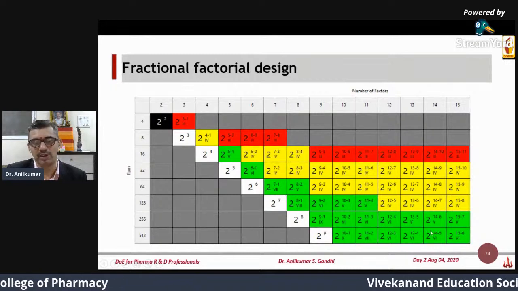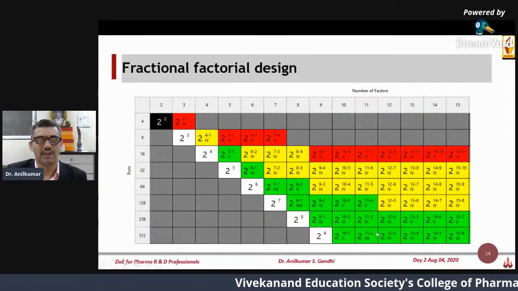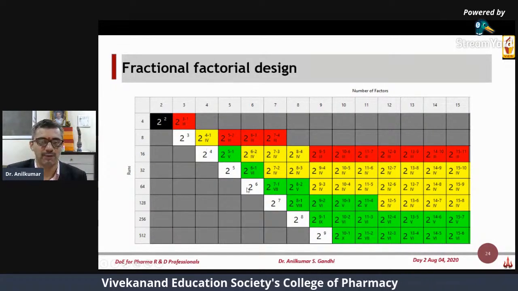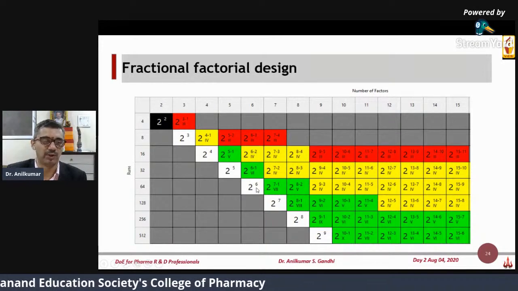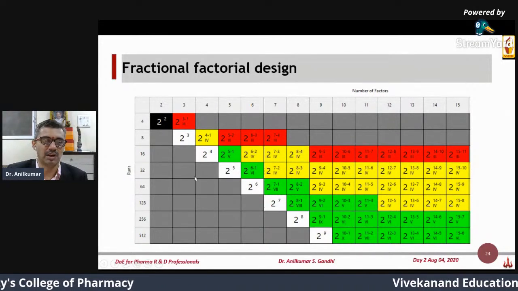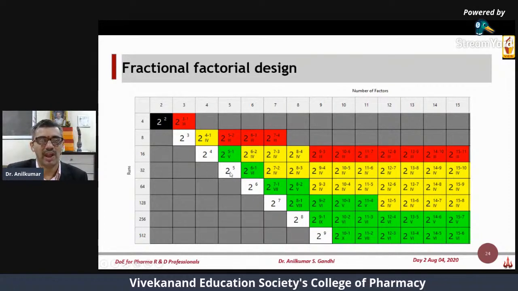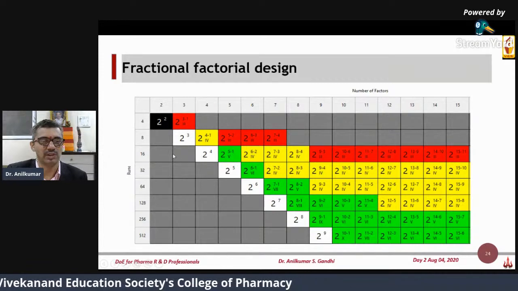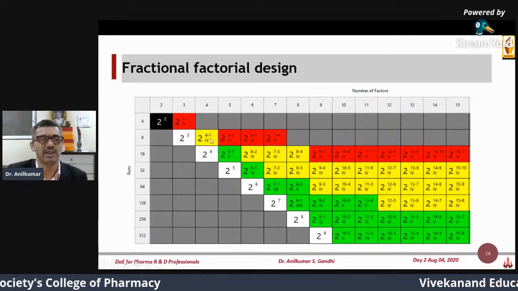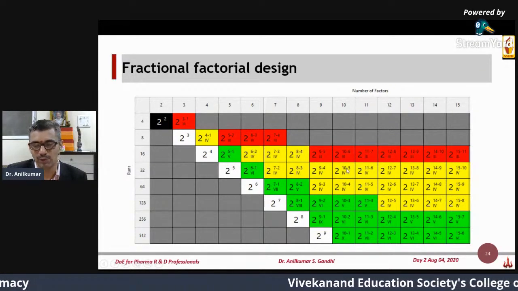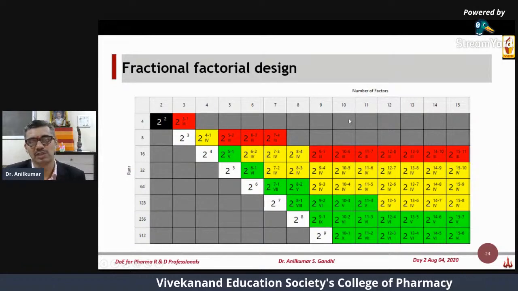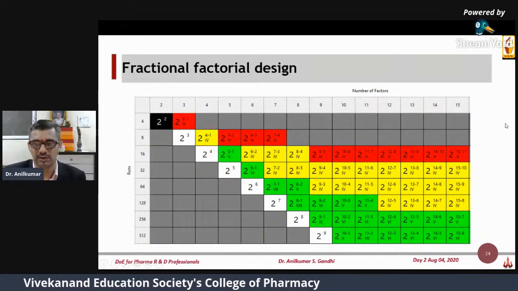So they would recommend doing these designs. And finally, in white, what you see is the full factorial. If you take 5 factors, full factorial runs are 32. If you go 5 minus 1, it will be 16. If you go 5 minus 2, it will be 8. So this is how you read the table and select the design.